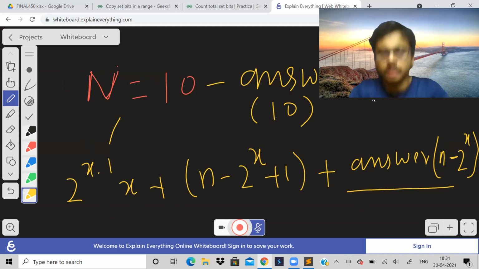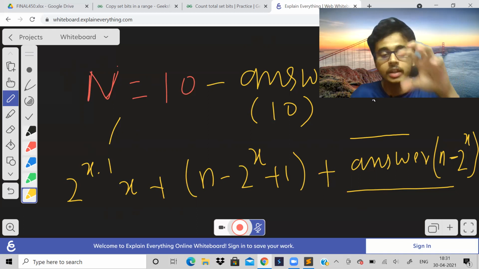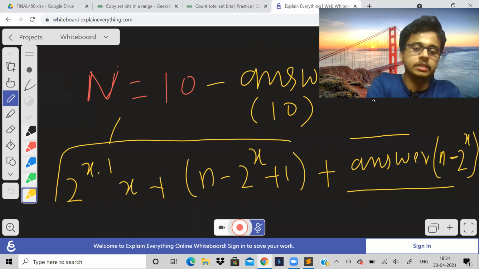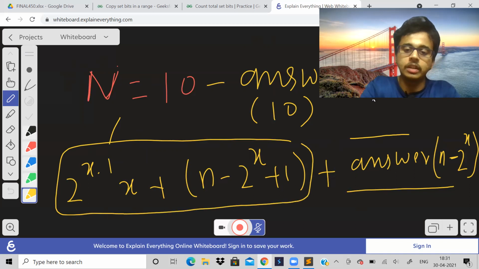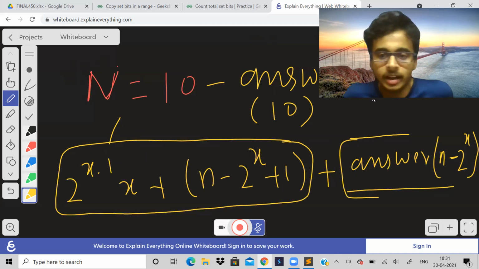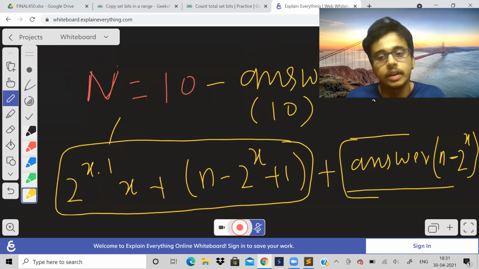Now this function has reduced the number, and we will get the answer quickly. So this was the observation part. Actually the entire thing is observation, and this is not exactly recursive, but you can say that I will solve the problem now for the smaller number and add it to the answer.